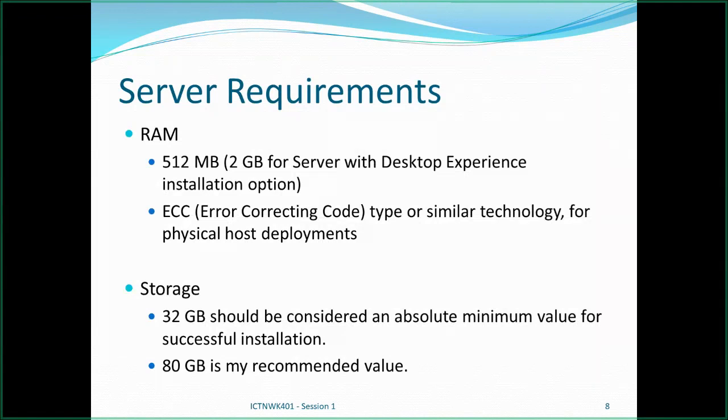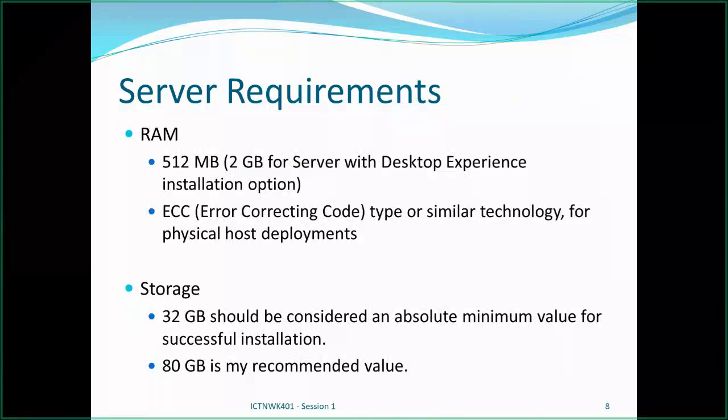The memory needs to be error correcting code, ECC type, for physical, not a requirement if you're doing virtual machines. What you will need to do is increase your RAM capacity in your virtual machine, because if you try to create a virtual machine with 512 megabytes, it will fail.